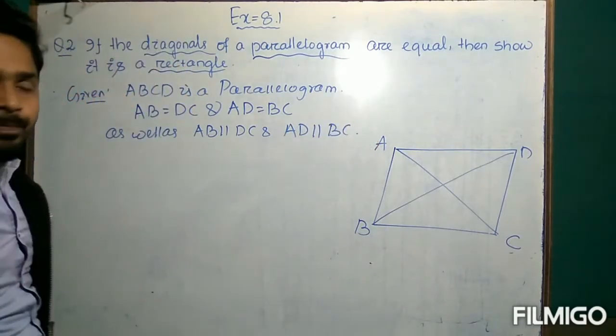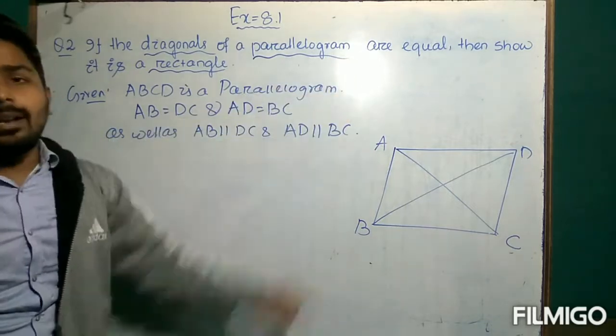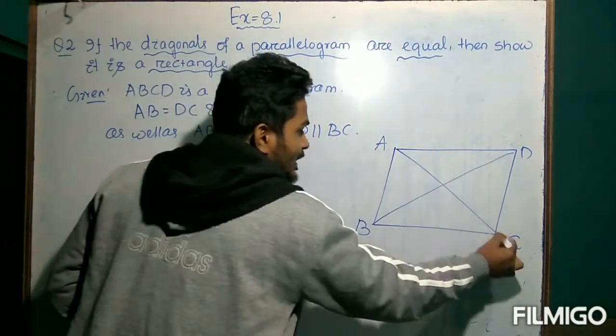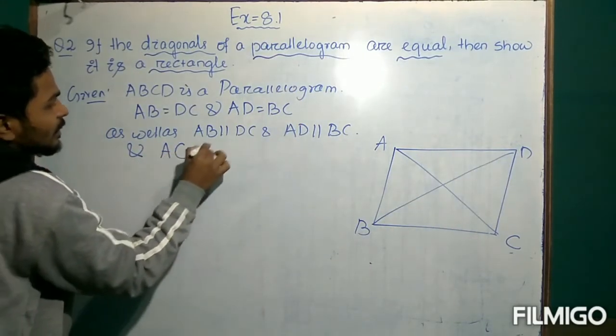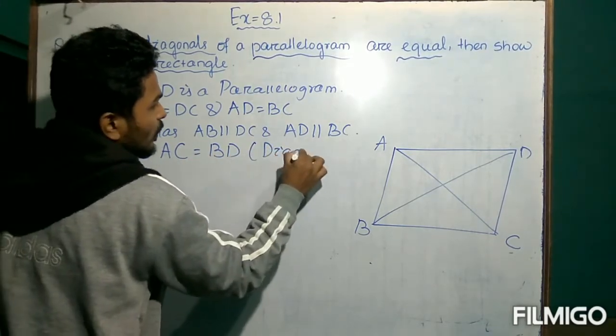Is it clear? Also it is given that the diagonals are equal, so AC is equal to BD. These are the diagonals.